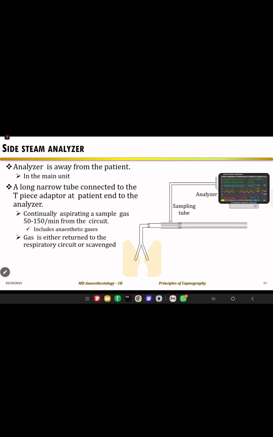This tube will take samples that will be analyzed continuously, about 50 to 150 ml per minute from the circuit, which includes the anesthetic gases. These gases may either return back to the system or can be scavenged to the scavenging system. So this is the side stream analyzer.